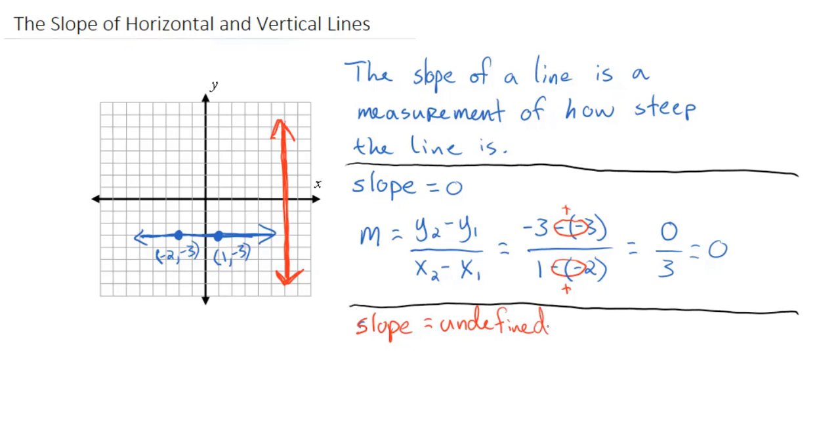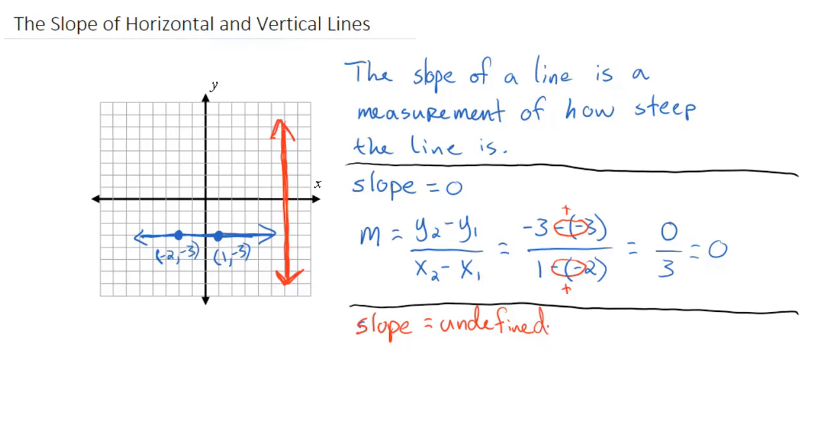Now before I go on, I want to address a couple points of confusion with undefined. First of all, undefined, again, does not allow for the phrase no slope. You just want to stay away from the phrase no slope because it's ambiguous and doesn't have a defined meaning in math. So we say the slope is undefined.